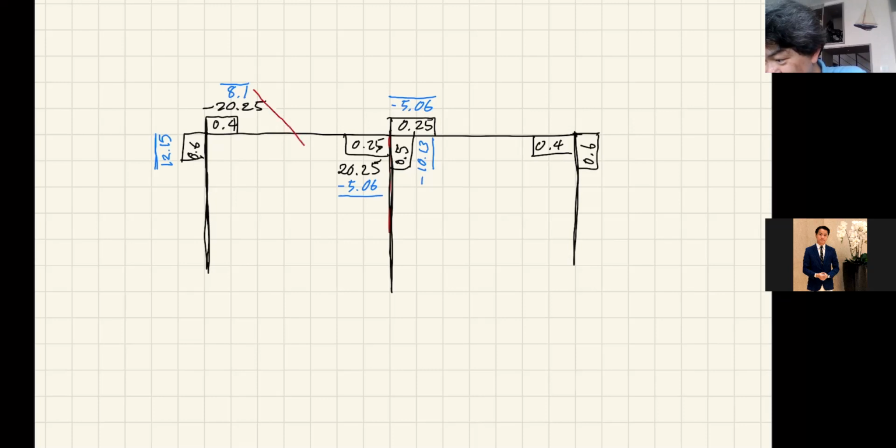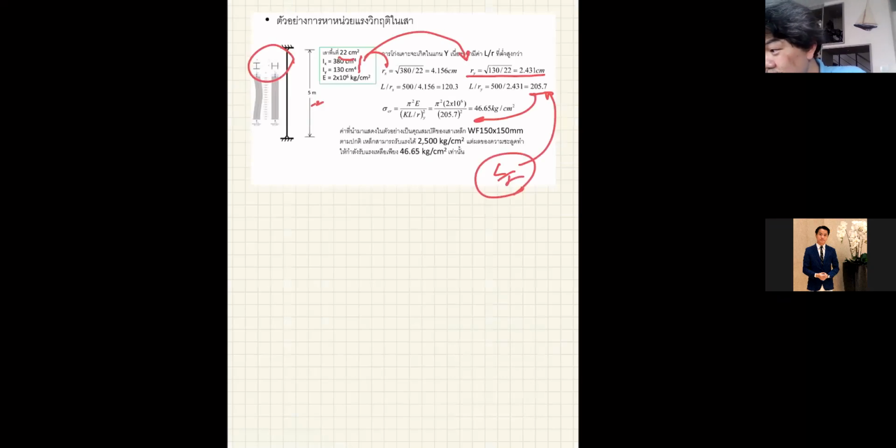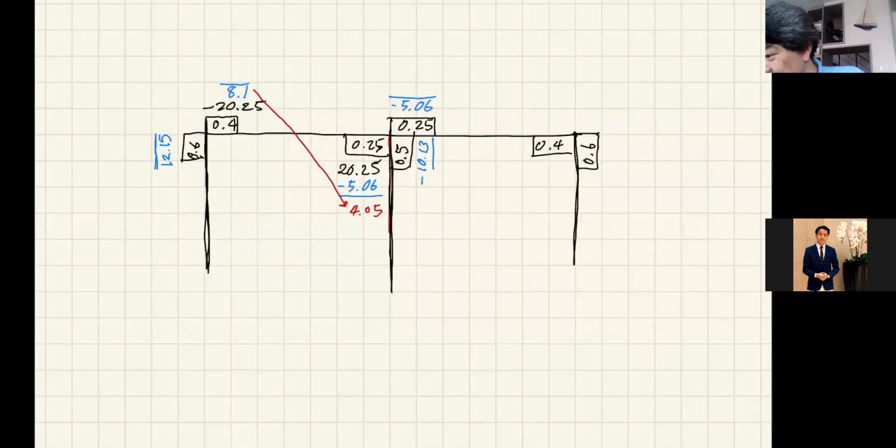So this will be carried over here, right? A half of that, 4.05. This will be carried over here, right? It's the opposite. And that is minus 2.53.